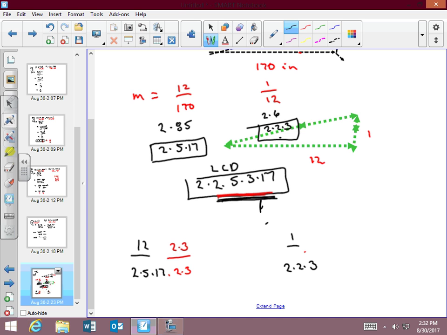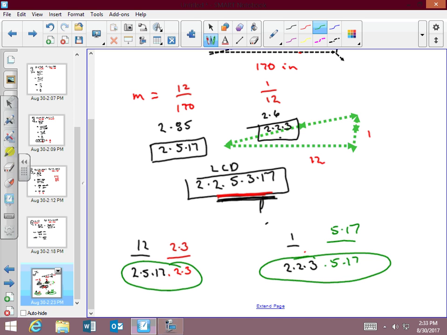Now, if you look up here, what does that denominator lack? It lacks a 5 and a 17. So you have to multiply the numerator times 5 times 17. Now, both of these denominators, this one and this one, are identical, correct?